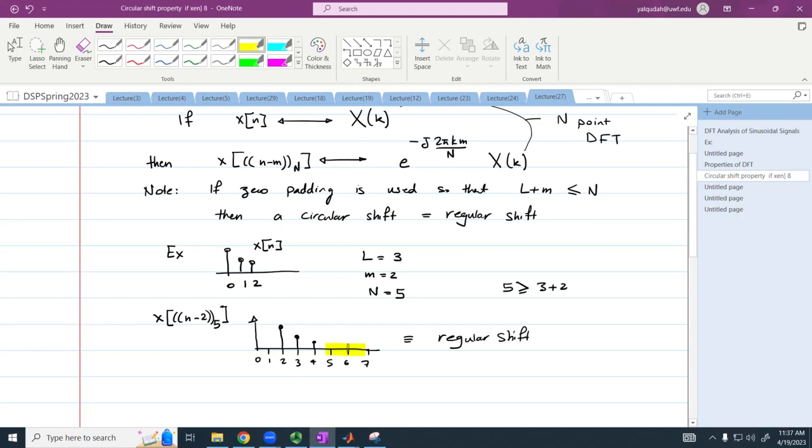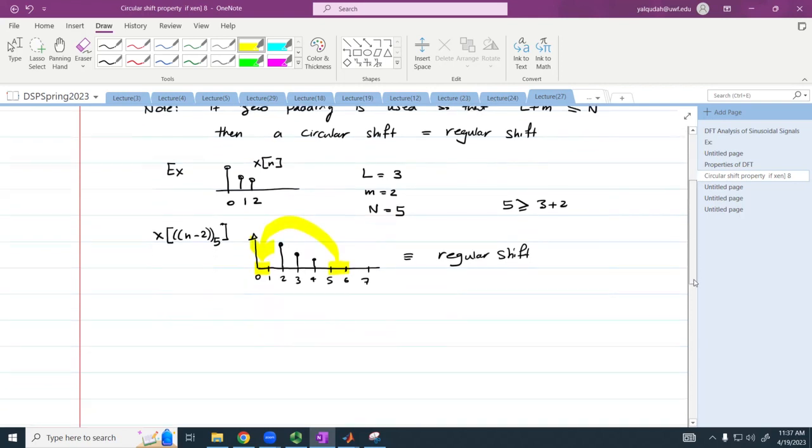Here I'm going to take this signal and move it back to here. Does that make sense? So a circular shift of the signal will give me an exponential multiplied by the discrete Fourier transform.